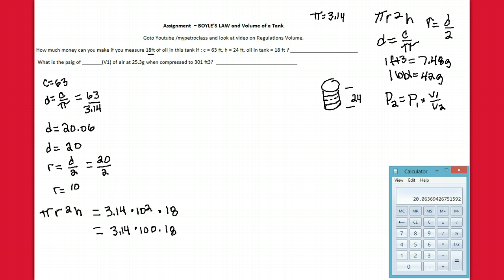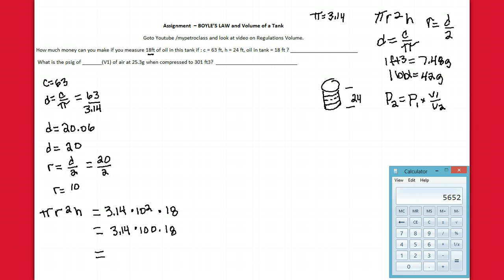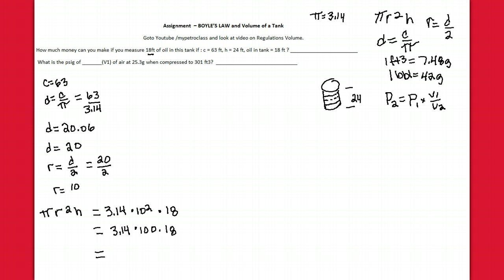Let's get our calculator out. 3.14 times 100 times 18 is going to be equal to 5652. 5652 what?